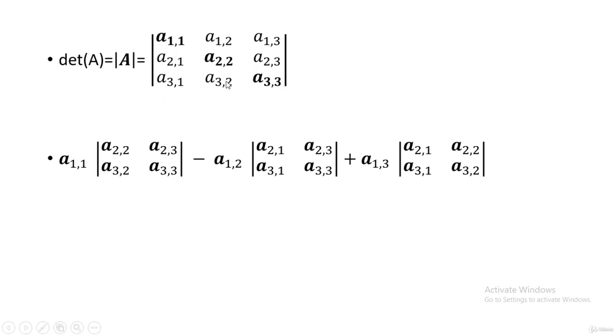Now if you're working according to the first column, if you fix the elements of the first column, then for the first element A11, you'll hide the first column and first row. These will be the remaining elements. A21, 21 means the second row.